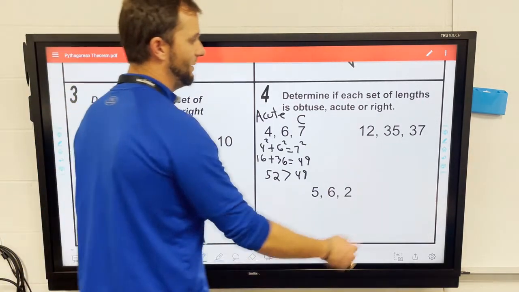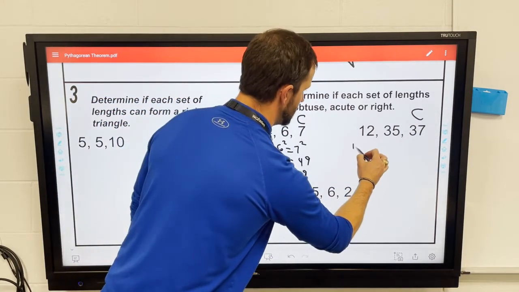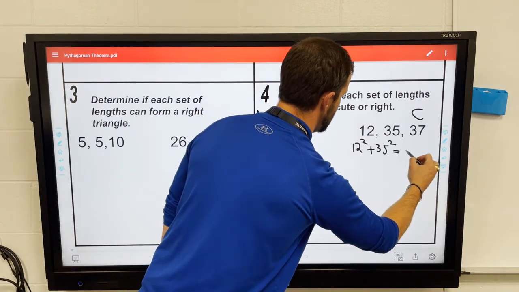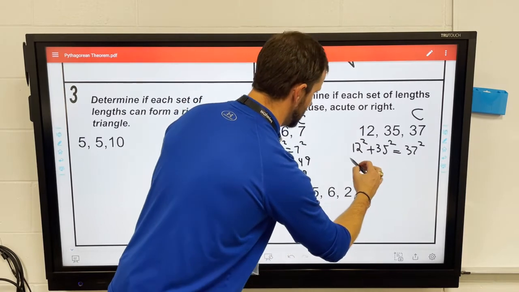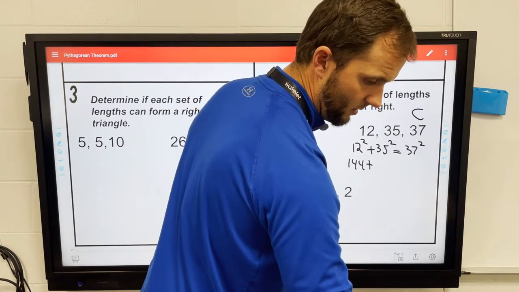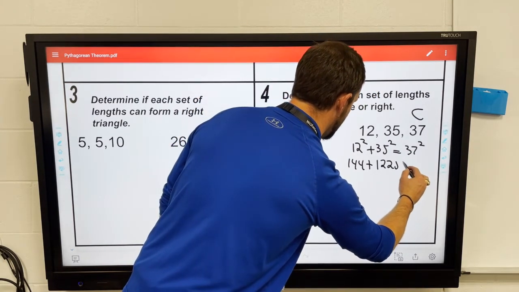So now I'm going to do the same thing with the next one. Again, my biggest side is always your c value. So I'm going to do 12 squared plus 35 squared is equal to 37 squared. So 12 squared is going to be 144. 35 squared is going to be 1,225.